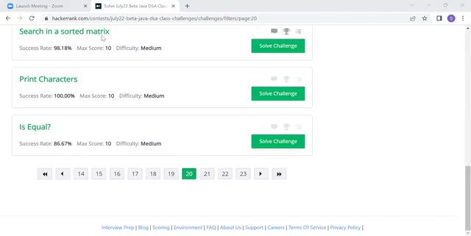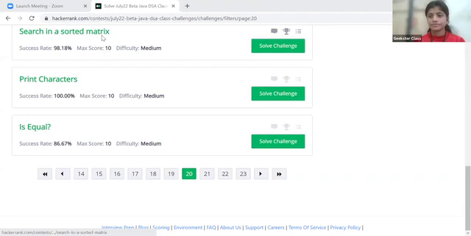Ma'am, please tell the Armstrong question. Okay, Abhishek. Can you tell me the page number on which this question is? Page number 21. He is talking about the one which we discussed in module 1, right, Abhishek?